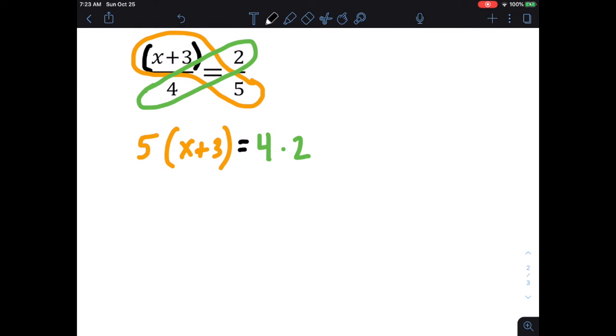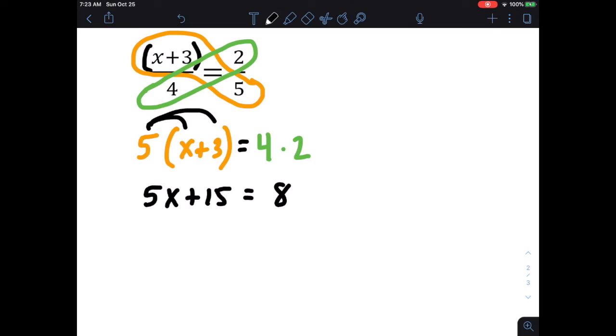Okay, so this one requires a couple of additional steps because we have to distribute here first. So we're going to distribute the 5 to the x and the 3. So we have 5x plus 15 equals 8, because 4 times 2 is 8.